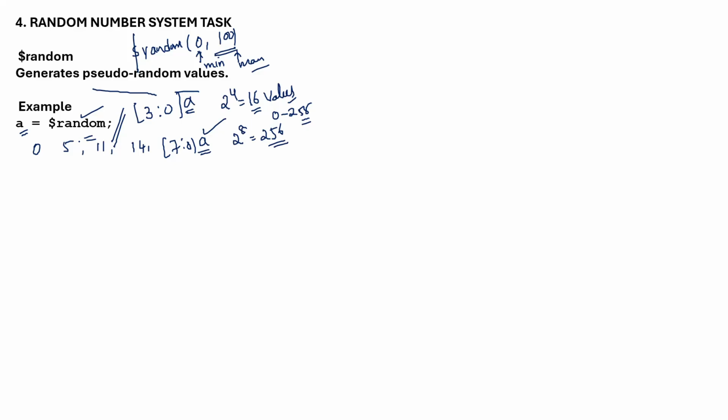Whenever you want to debug your simulation, at that time $random is used, because we are generating the test cases. If you manually assign some values, like a equal to 5, a equal to 10, that will pass the test cases.